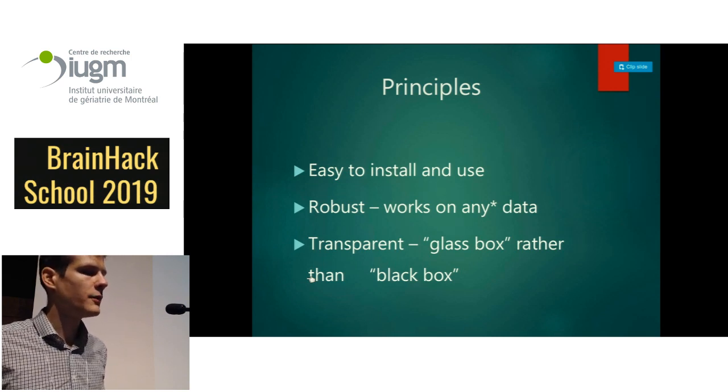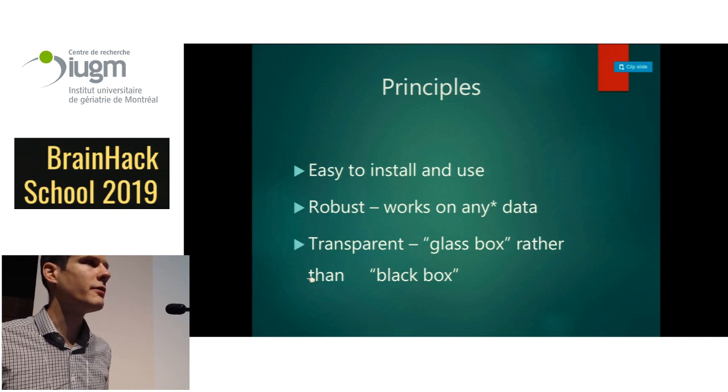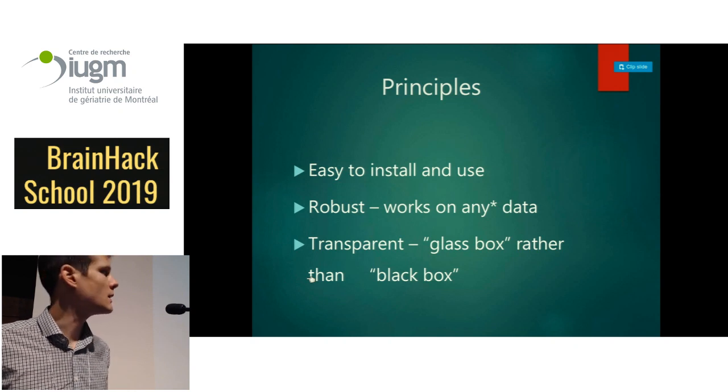You want to have a view of all the steps and see why it fails and why some things are not as good as expected. We're going to see at the end that they produce a report of all the processing steps.